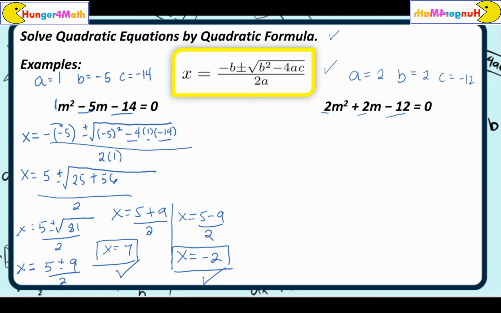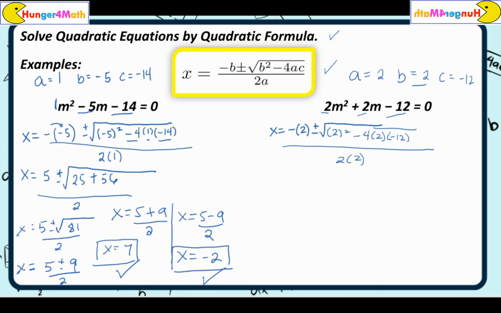So it will be x is equal to negative, where the value of b is 2, then plus minus the square root of b, that is 2, then squared, then minus 4 times a, that is 2, times negative 12, all over 2 times the value of a, that is 2.